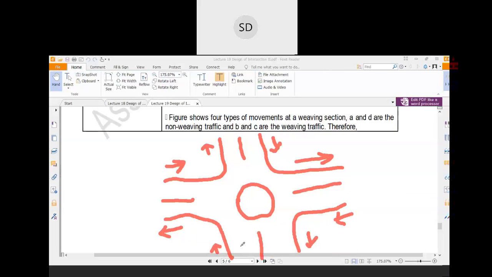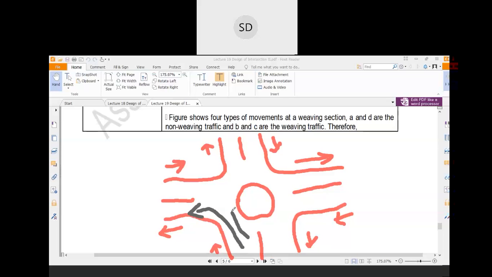Now suppose some vehicle wants to go in this way. He will directly take a left turn. So this type of thing is non-weaving traffic.